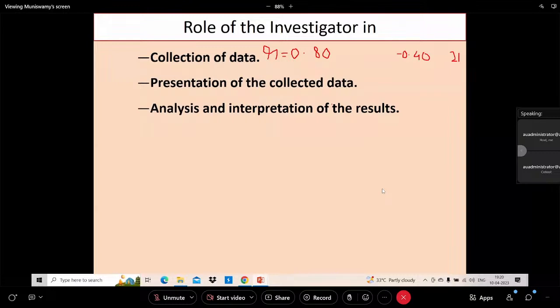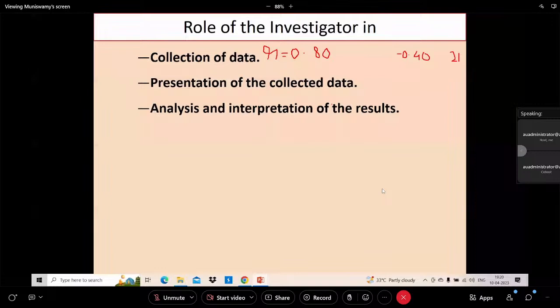So R is 0.80 means the correlation between two variables, for example the relationship between concentration of ethanol and optical density, height and weight of a plant, height and weight of a fish in fish culture, or demand and price.